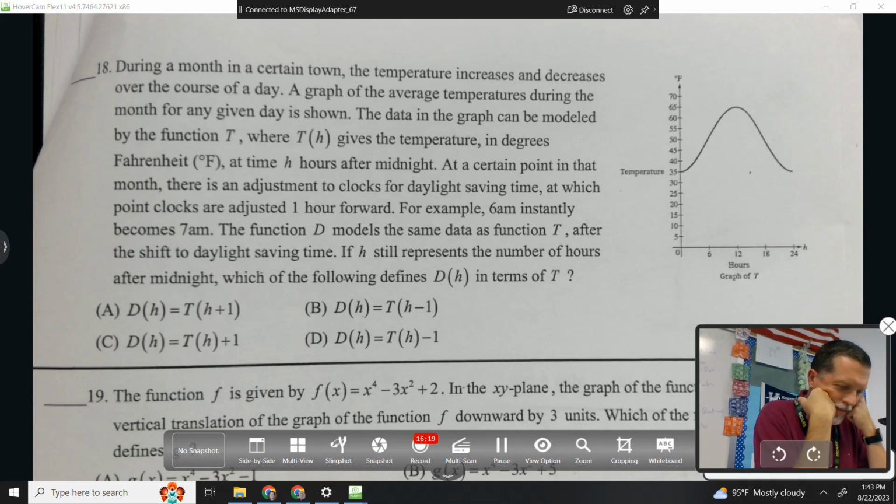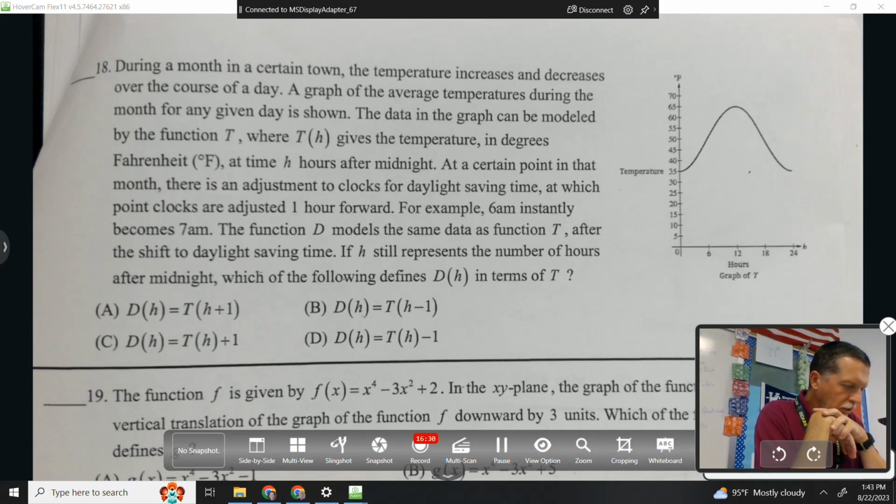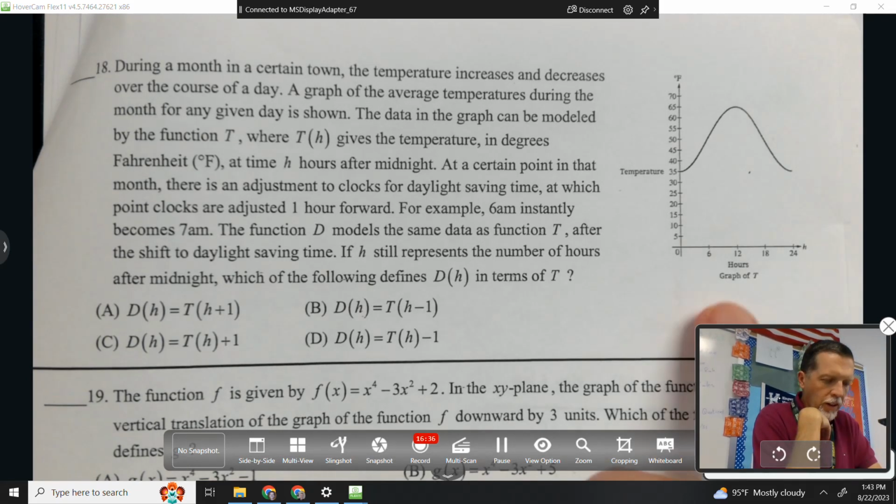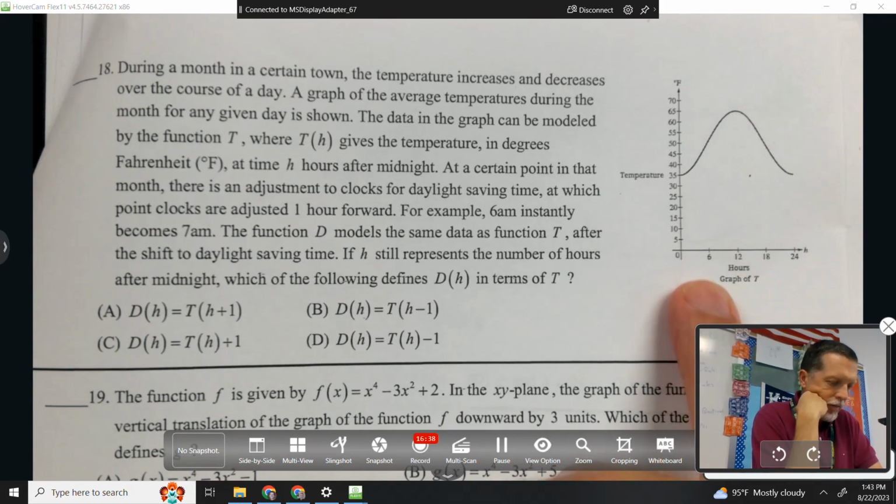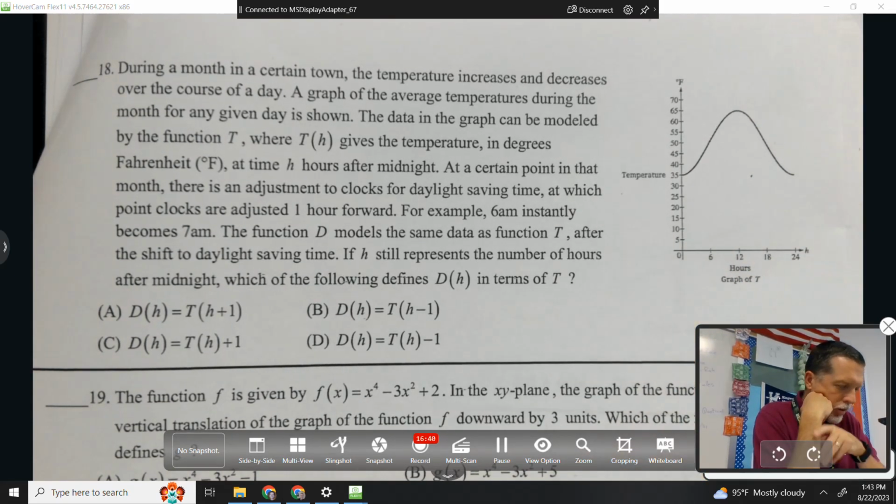Okay, I'll buy that. A graph of the average temperatures during the month for any given day is shown. The data in the graph can be modeled by the function T, where T gives the temperature in degrees Fahrenheit and time after midnight. So that's sort of like the military time down there. 6, 12, 18, 24, time after midnight.